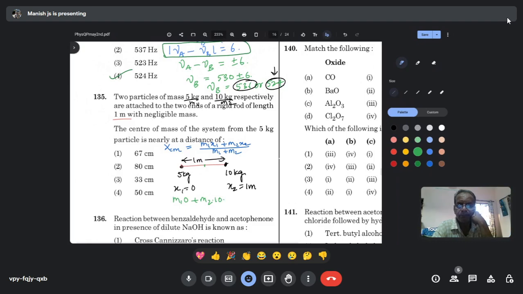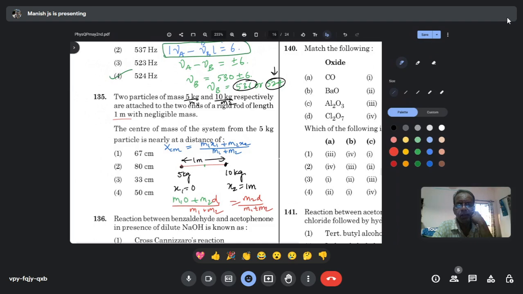I'm keeping it as M2 into D as per the figure, so I'm generalizing, divided by the sum of both the masses, that is M1 plus M2. So M2D upon M1 plus M2.